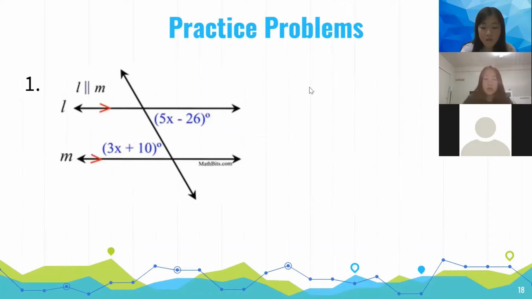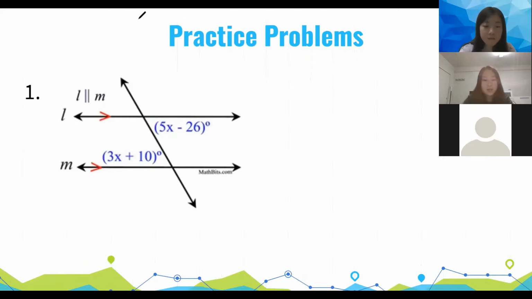No. So basically you have to solve for x in here, and do you have any idea how to start on this question? Wouldn't it be like 5x minus 26 plus 3x plus 10?